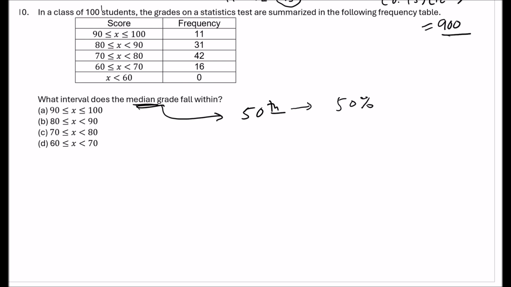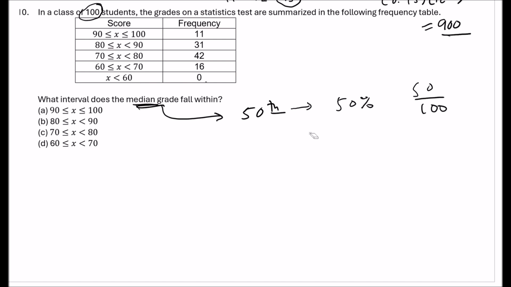And then there's 100 students. So that means this is about 50 out of 100 students, right? So once we get around 50 students, then we know that we're around where the median is, okay? Because there's 100 students, half of 100 is 50. All right, so here we have 0 plus 16, that's 16. And we want to start from the left side, right? So we're going to start from the smallest score and work our way up.